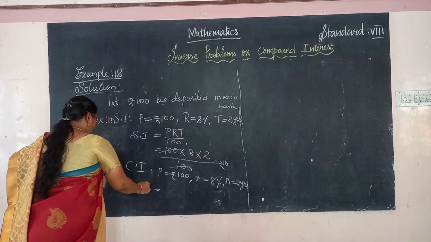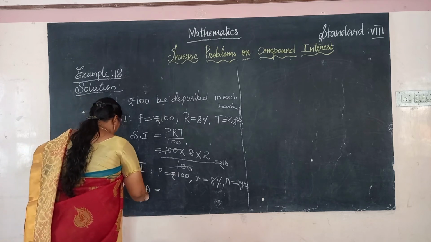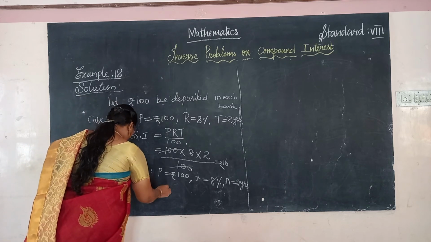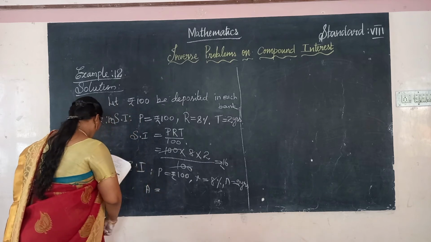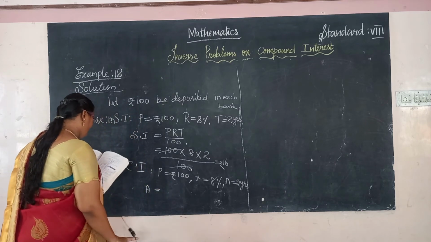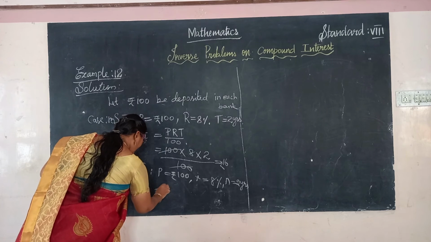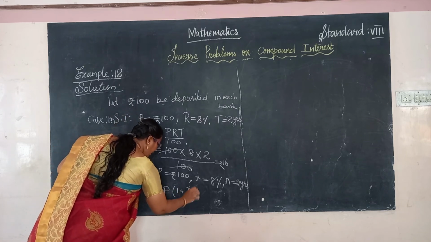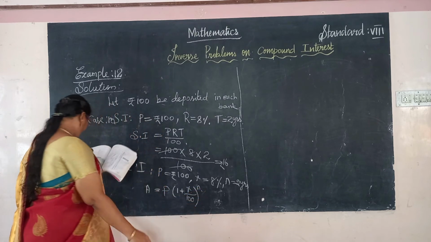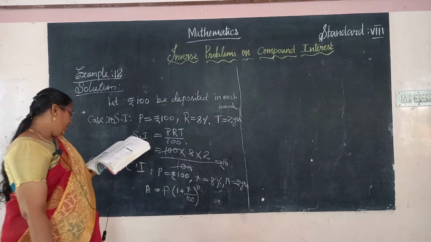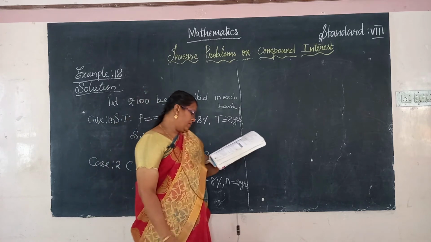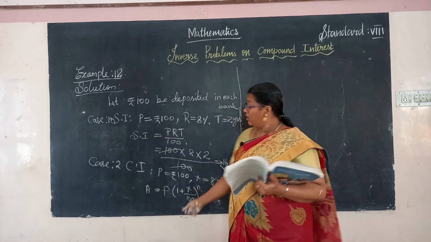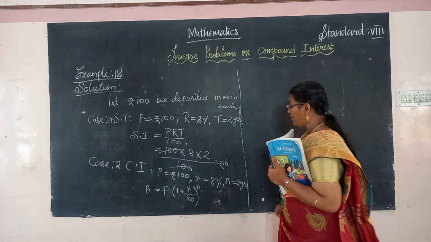A is equal to P (1 + R/100) whole power n. Here compounded annually is given, per annum. So we have the compound interest formula.